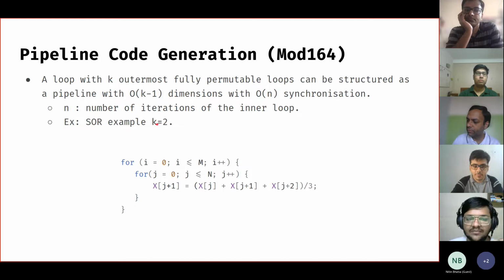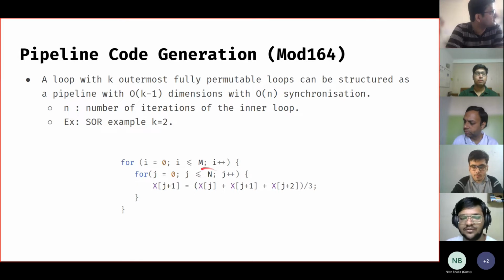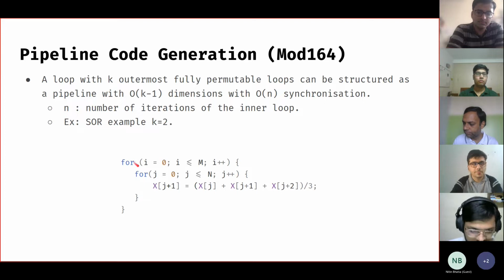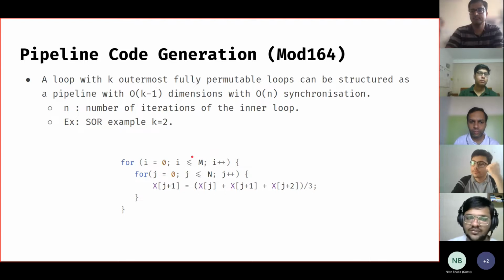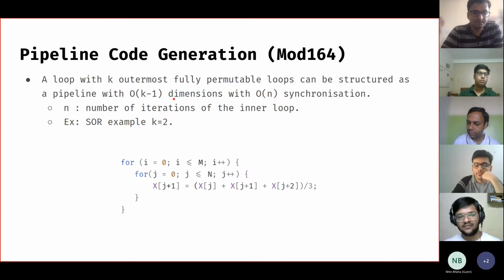If we take a particular SOR example, k equals 2 here. Because the inside loop goes for n iterations, we have O(n) synchronization here, and because the outer loop's dimension is 1 here, we get O(m) tasks here. So the k minus 1 dimension defines the dimensionality of the tasks here.